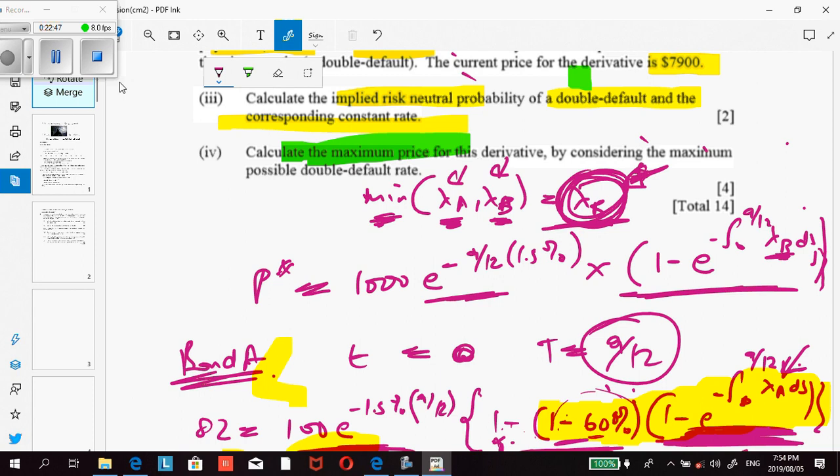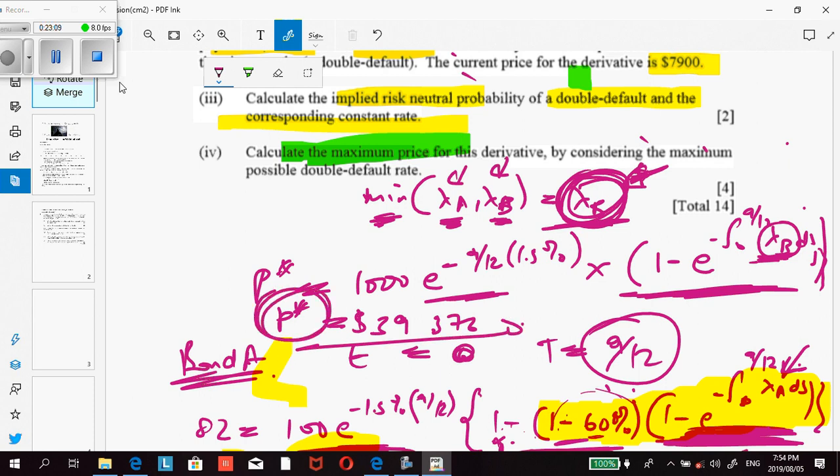You can calculate this value here, right? You do have lambda B. You can do the integration here, and you're going to get your P star to be $39,376. So that is your maximum price.